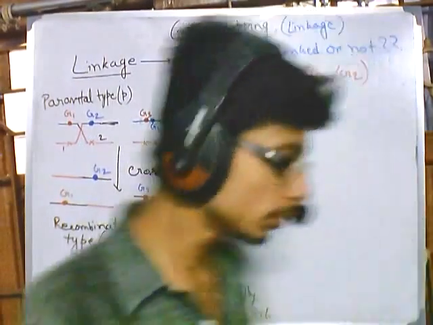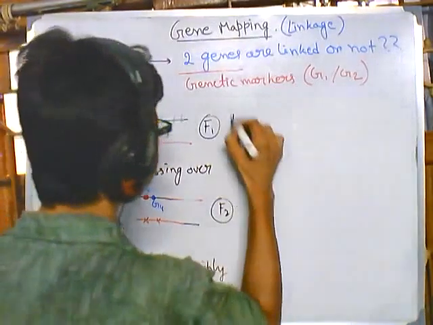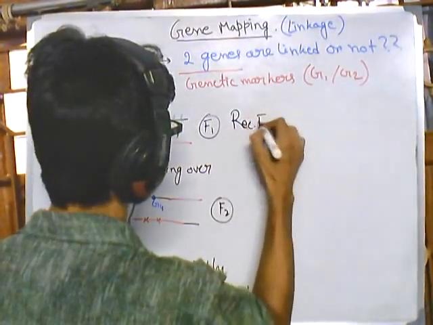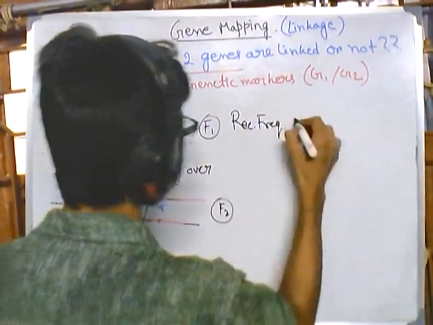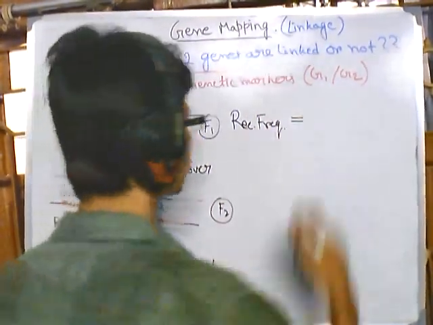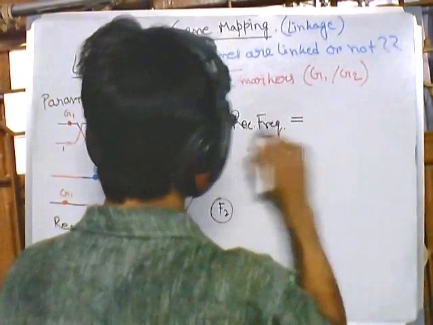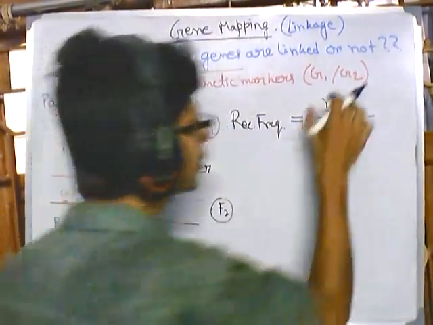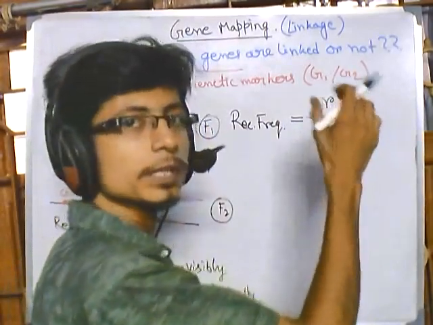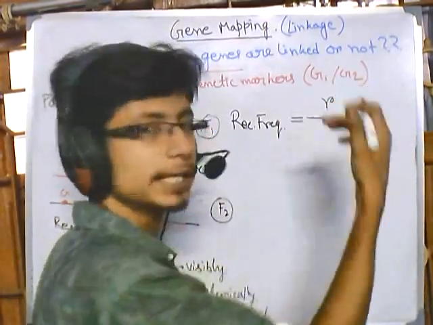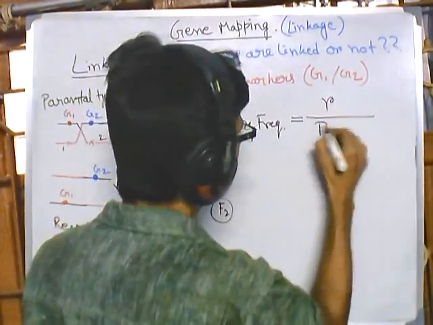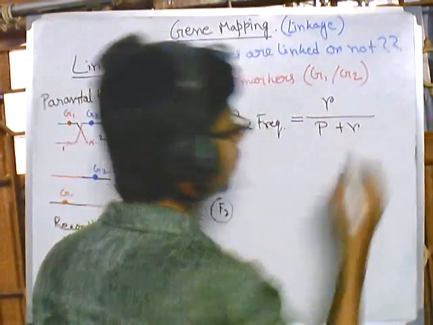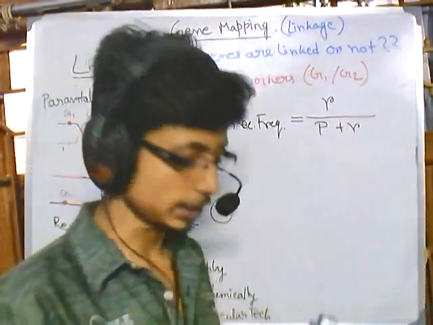Now, what is the formula for getting the recombination frequency? The formula is simply like that. The recombination frequency will be the number of recombinant chromosomes, the number of recombinant genotypes we are getting, divided by the total number of parental phenotypes in that generation plus the total number of recombinants of that generation.